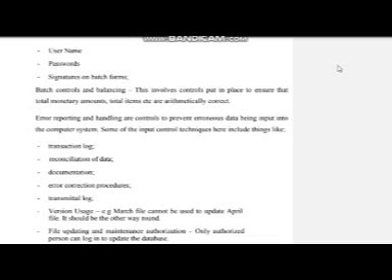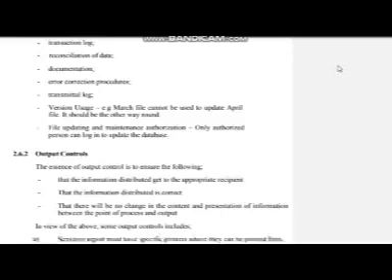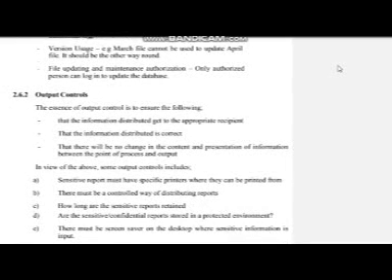Output control. The essence of output control is to ensure the following: one, that the information distributed gets to the appropriate recipients. Two, that the information distributed is correct. Three, that there will be no change in the content and presentation of information between the point of processing and output.